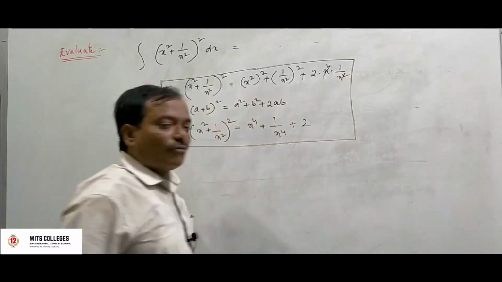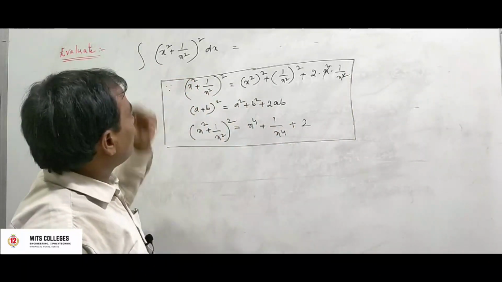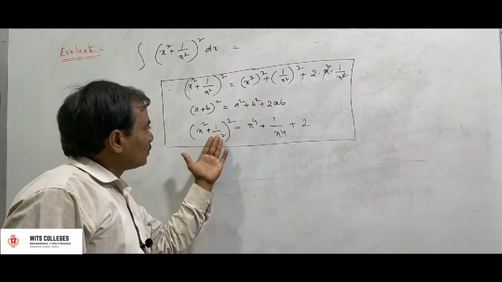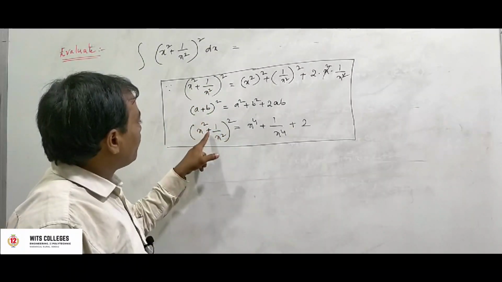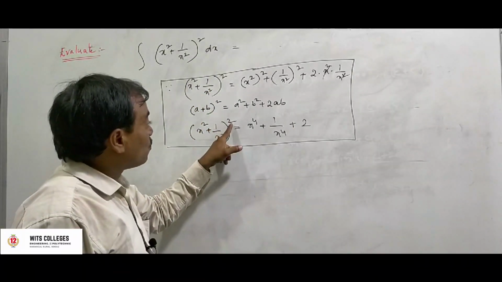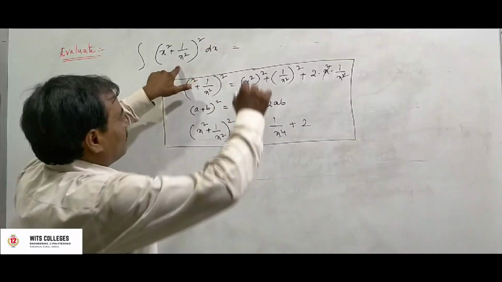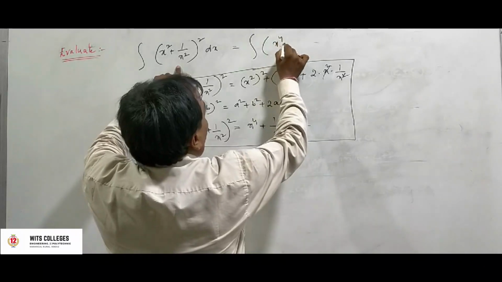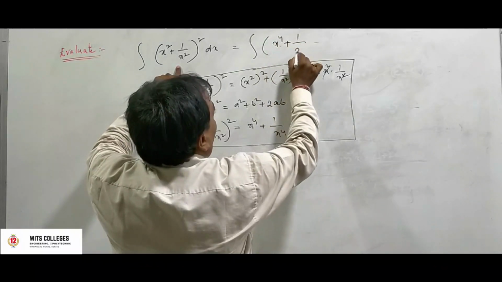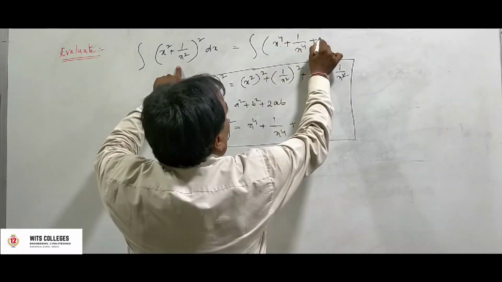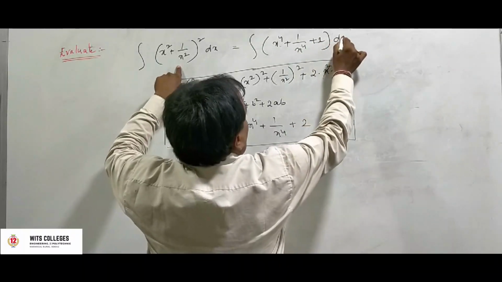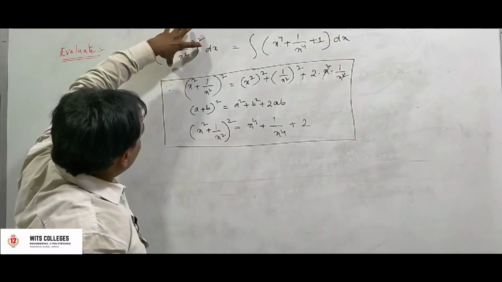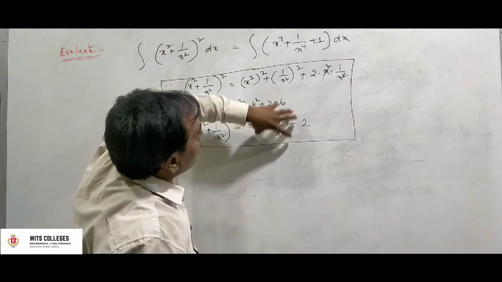Now we have to evaluate the given integral by taking the help of these values. So (x square plus 1 by x square) whole square is replaced by x to the power of 4 plus 1 by x to the power of 4 plus 2, dx. This total can be replaced by this value.